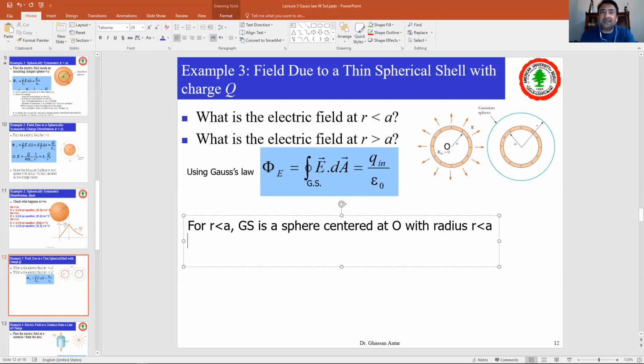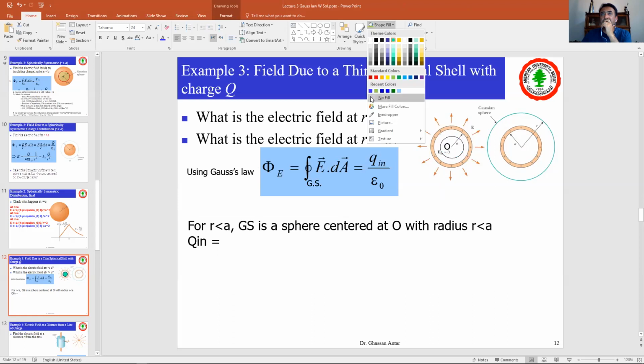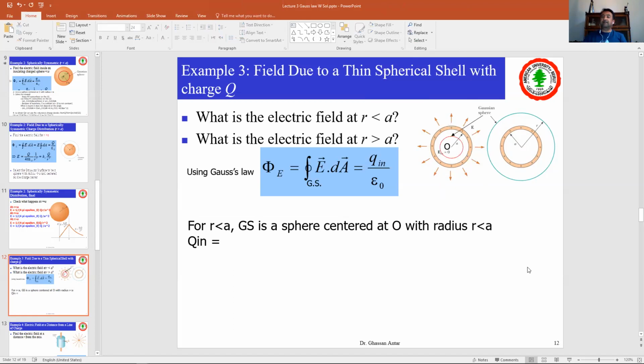What's the charge inside? If I have my sphere, this is my Gaussian surface, my Gaussian sphere.